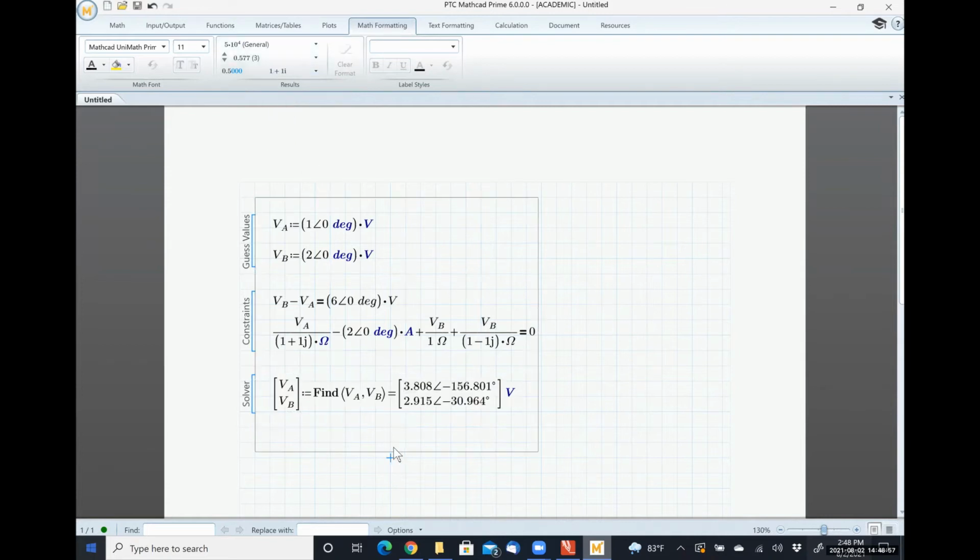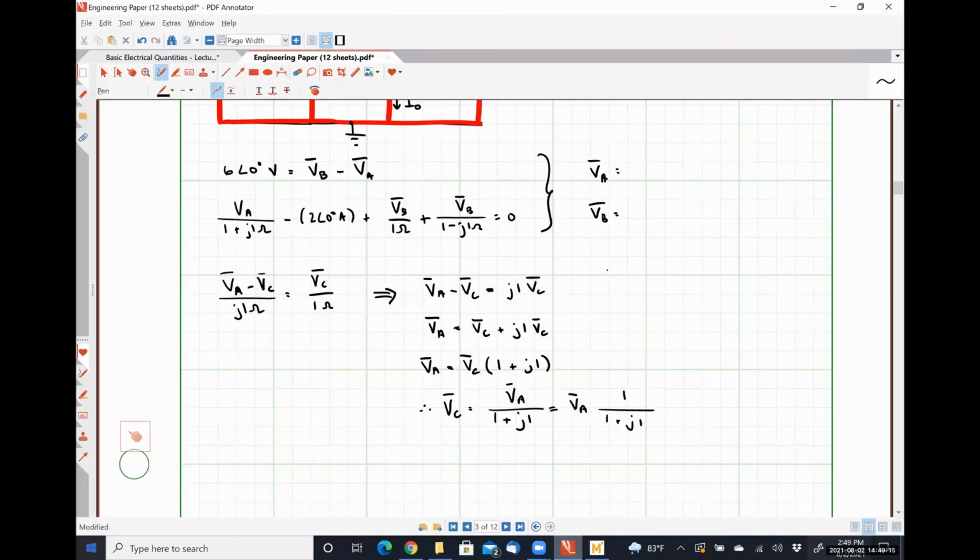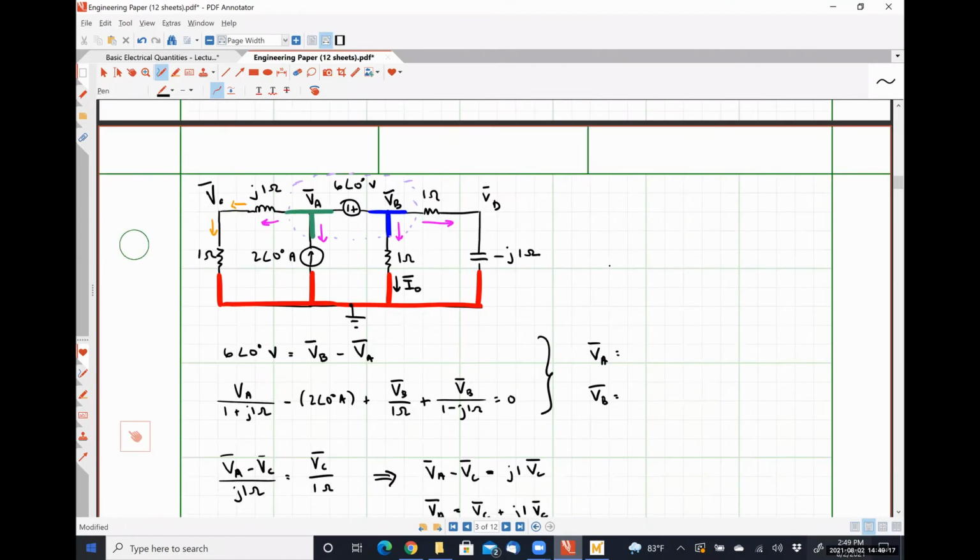So there we go. And now outside of my solve block, I'm going to say that my current I sub O is going to be what? Let's look back at our circuit here. What should I sub O be expressed in terms of our nodal voltages? VB over 1, sorry.